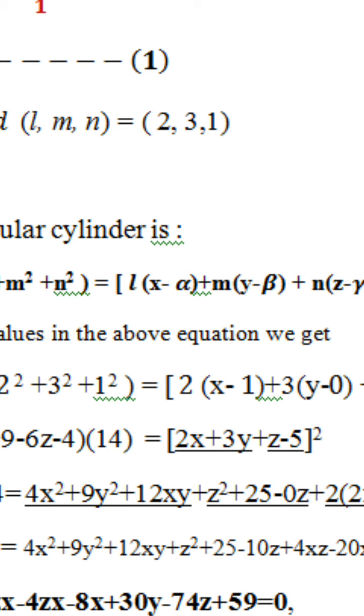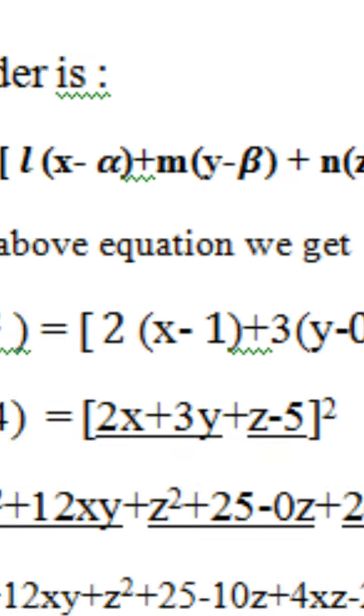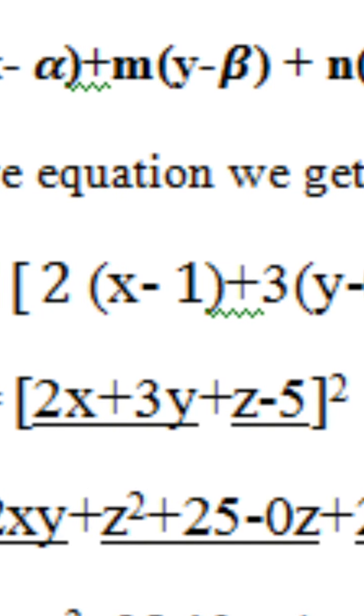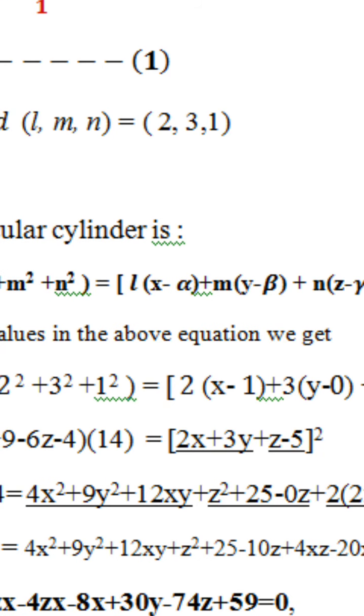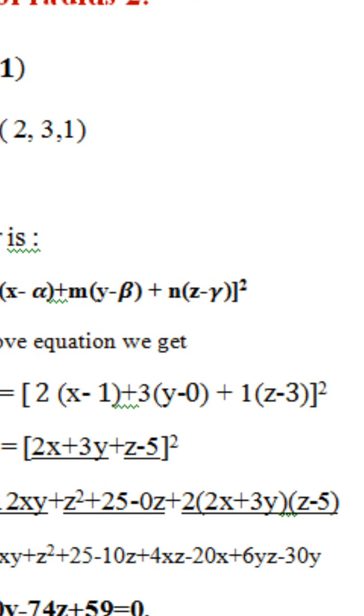That is 4x square, 9y square, and 2ab, 2 into 2x into 3y, that is 12xy, plus (z minus 5) whole square. Again apply the (a minus b) whole square formula: z square plus 25 minus 10z, plus 2ab, 2 into (2x plus 3y) into (z minus 5), right?